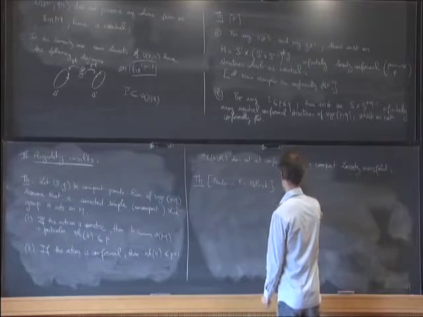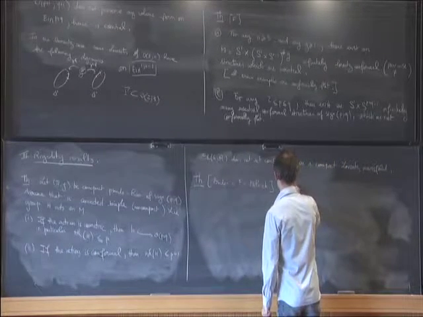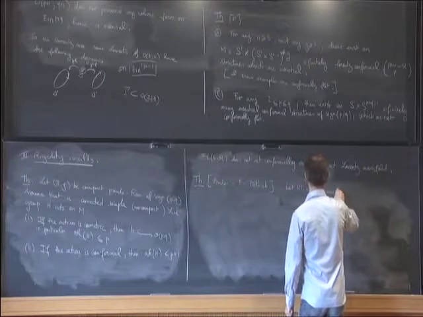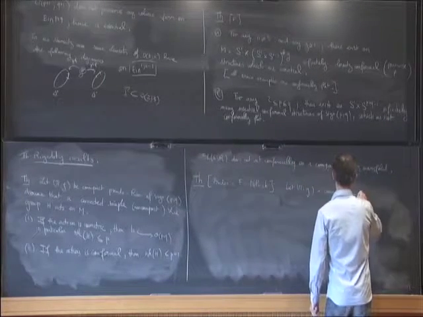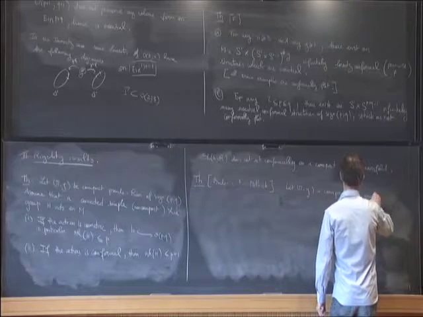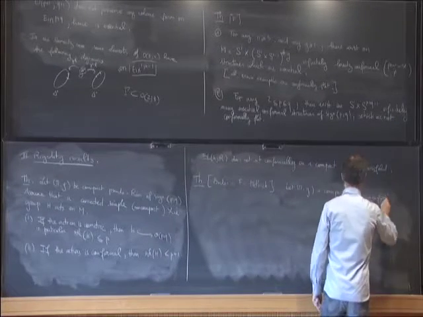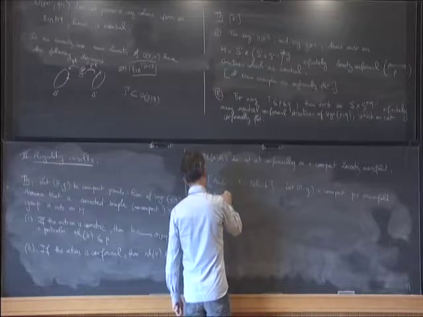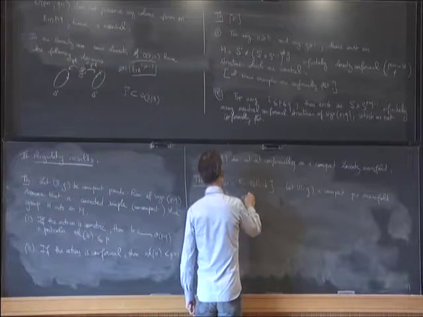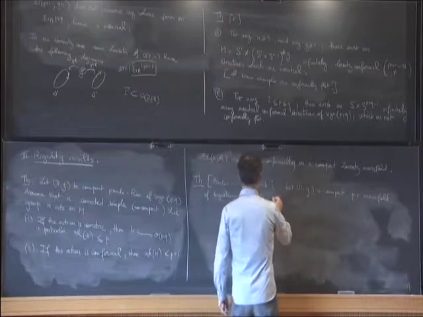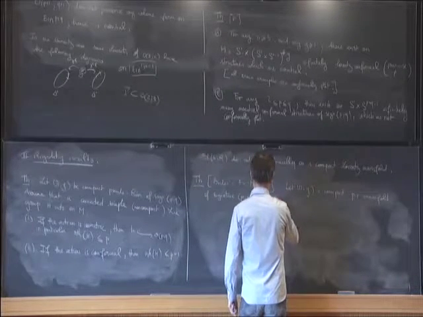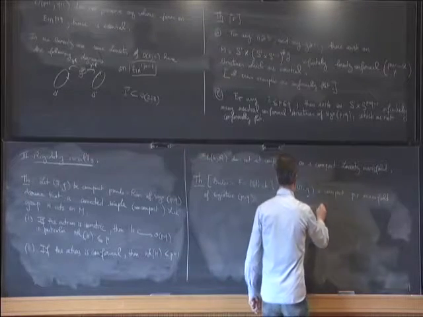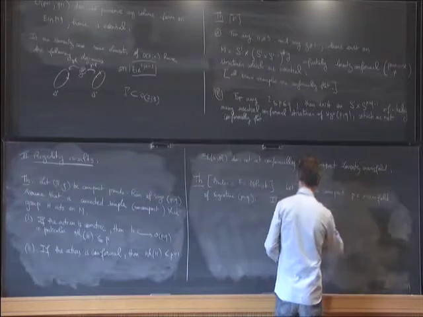So the statement is as follows: let (M, g), as usual, be a compact pseudo-Riemannian manifold of signature (p, q).